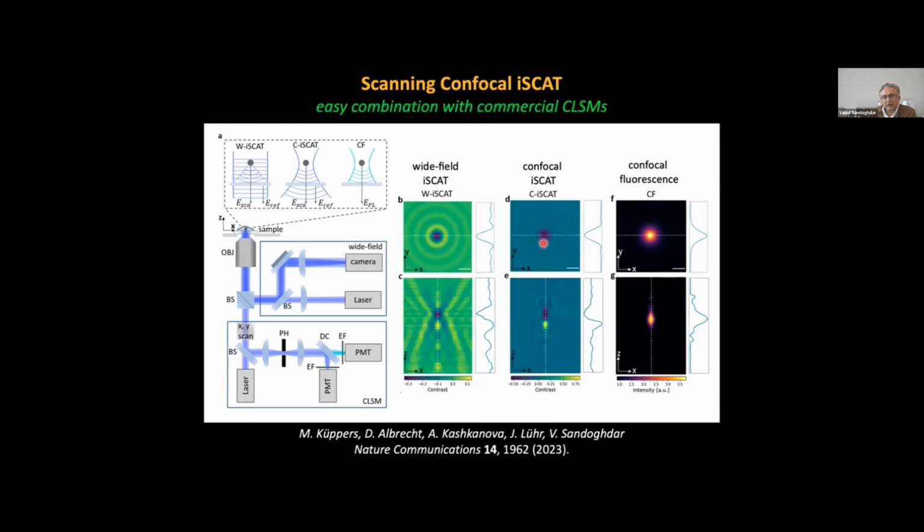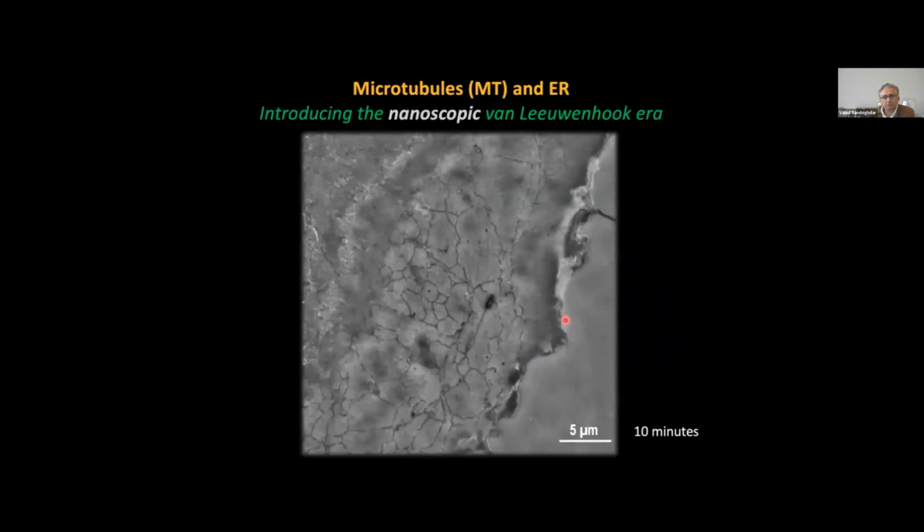So here are examples of two-dimensional PSF and the axial PSF of these different modalities. This is a standard confocal microscope that you're used to, and this is the confocal iSCAT version. You see here that it's richer than in the normal intensity measurement, because there's a phase change in the focus going from bright to dark, and I'll come to that in a few slides.